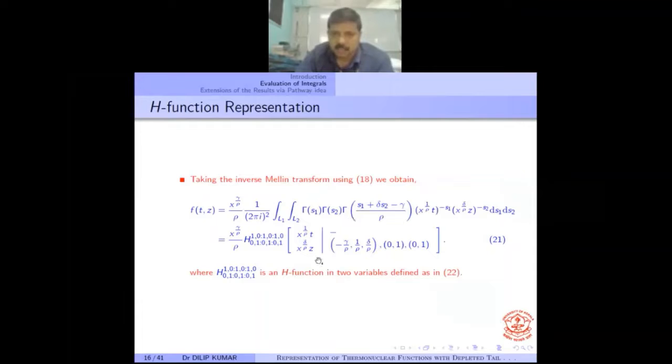So here we can write it as minus gamma by rho as the constant one, and here 1 by rho is the coefficient of s1, and this is delta by rho, and here only gamma of s1. So the constant term is not there. So 0, 1, and here also 0, 1. So this is the simplest form. And this is convergent for all values of z because p is greater than q in all the cases. So that is why.